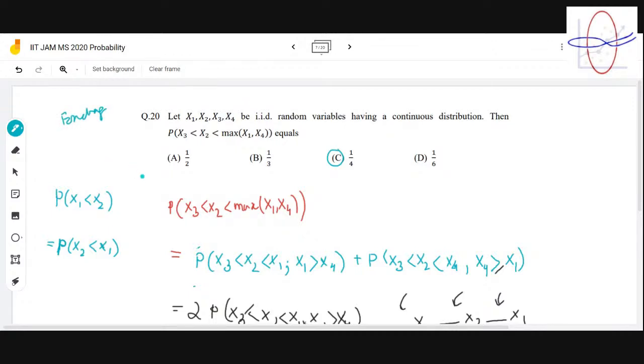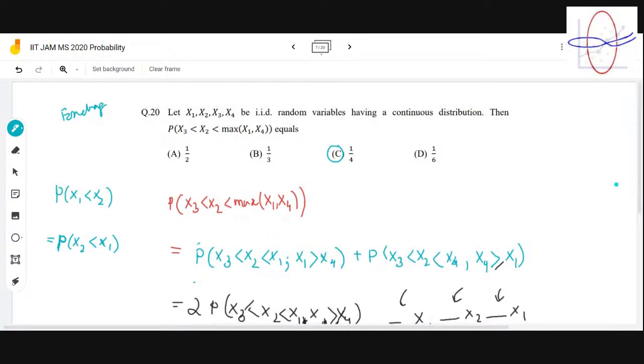The idea is that we will see this example: probability that X3 is less than X2, which is less than the maximum of X1 and X4, equals what? Forget all this, and understand that probability X1 less than X2 is equal to probability X2 less than X1. It looks different, but it's actually the same, because X1 and X2 are IID, so it doesn't matter where X1 and where X2 is.